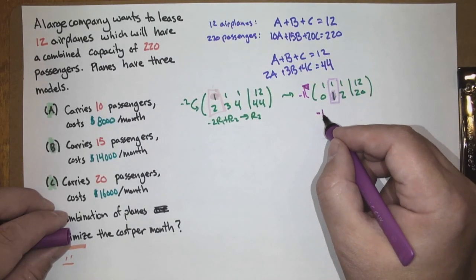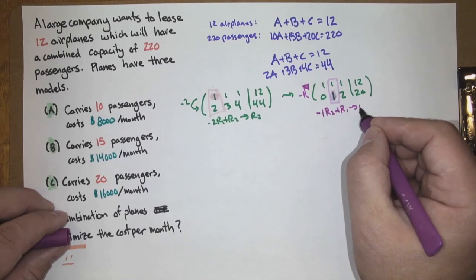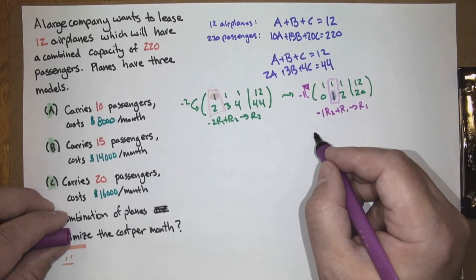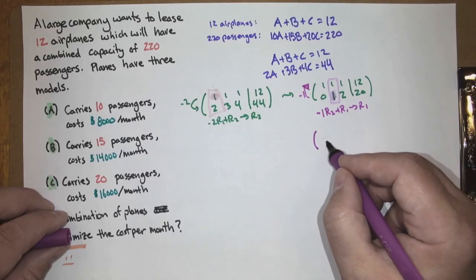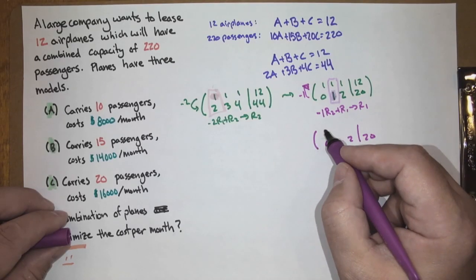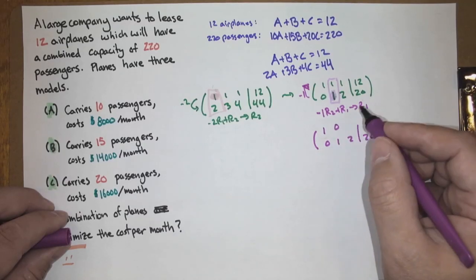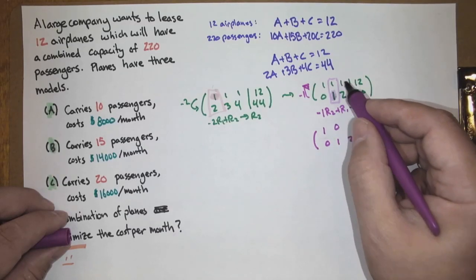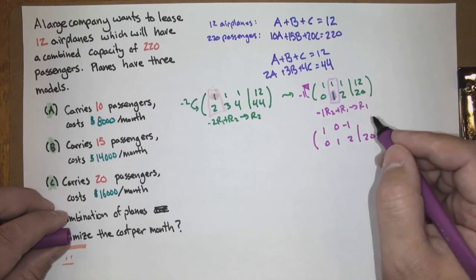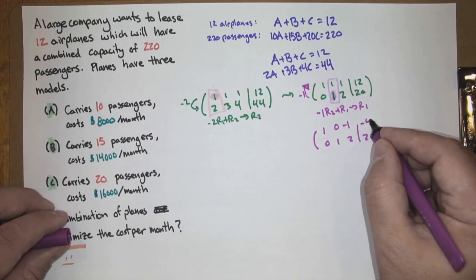So -1 row 2 plus row 1 becomes our new row 1. So this gets us to the bottom row, 0, 1, 2, 20, and then the top row, 0 plus 1 is 1, -1 plus 1, 0, -2 plus 1 is -1, and then -20 plus 12 is -8.